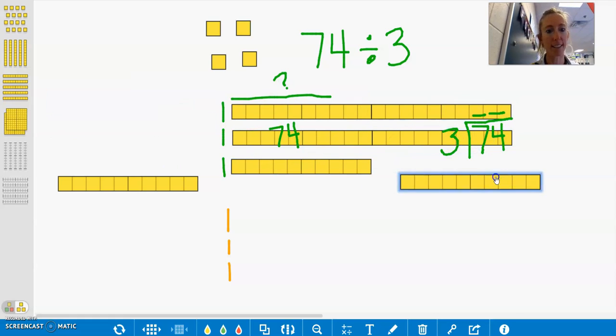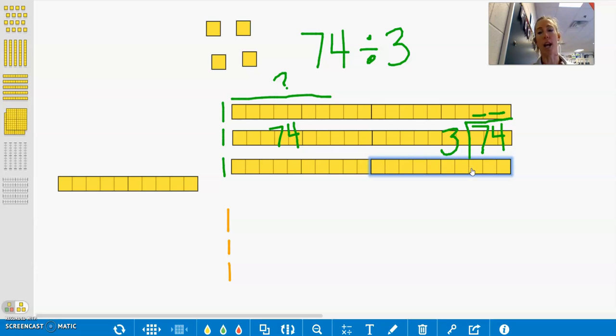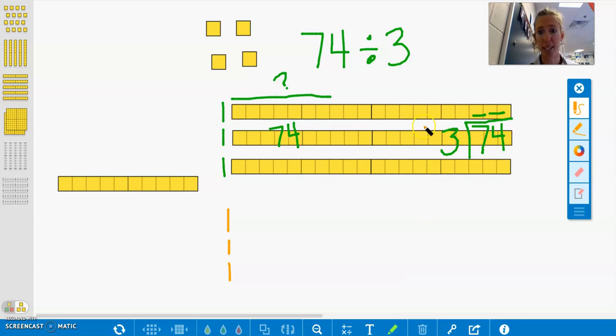Yes, yes, and yes. So actually all 3 groups got 2, so I'm gonna write that here, 2 tens. Each one of these groups got 2 tens. And how much is that all together? Well, let me draw it down here.